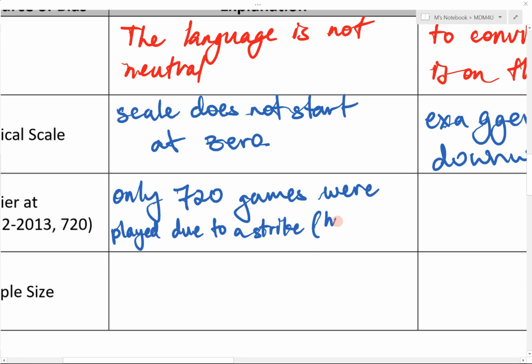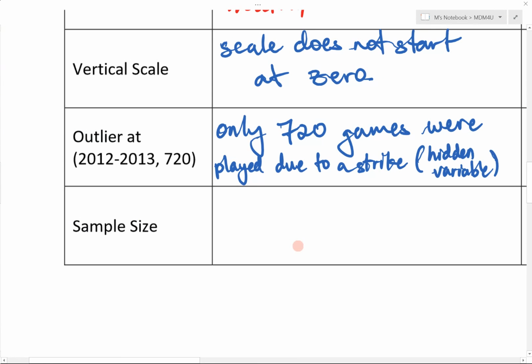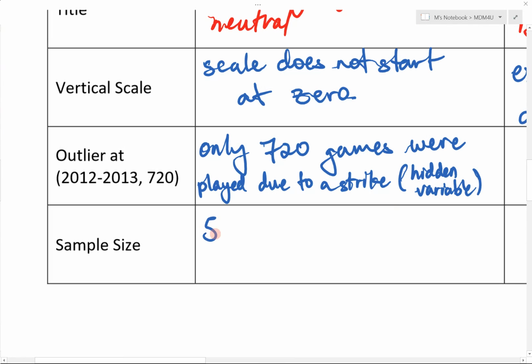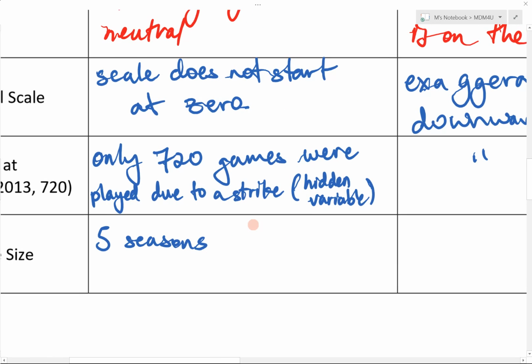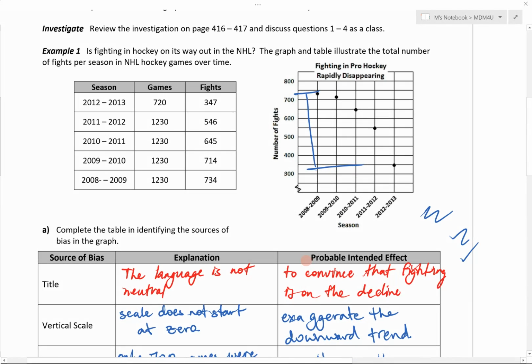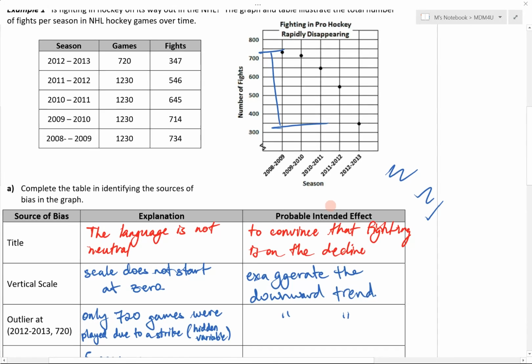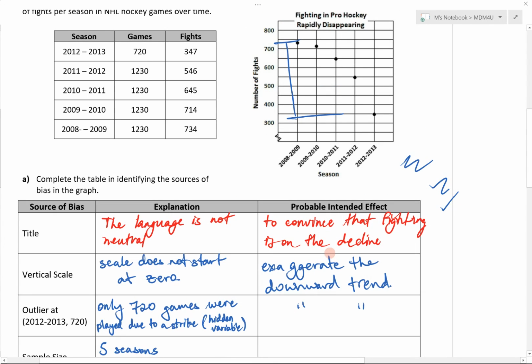So we're going to say that there's a hidden variable. And again, it's to exaggerate the downward trend. And finally, the sample size. Well, you only included 5 seasons. Is that a big enough sample size? No. Again, it's to hide the fact that the trend is less extreme over a period of time. So we need to include more data.